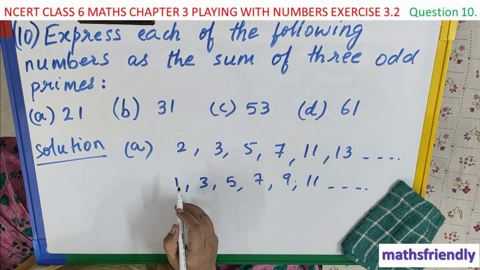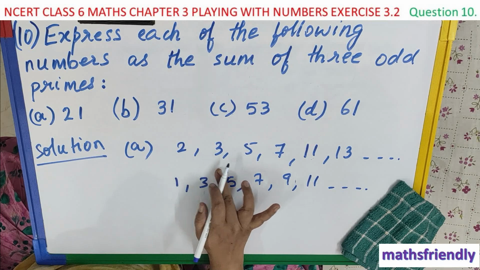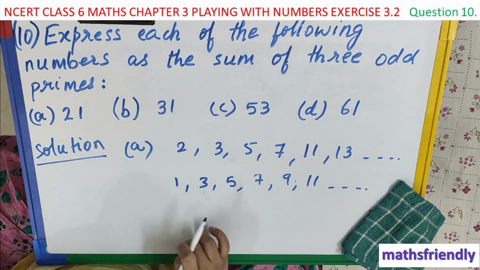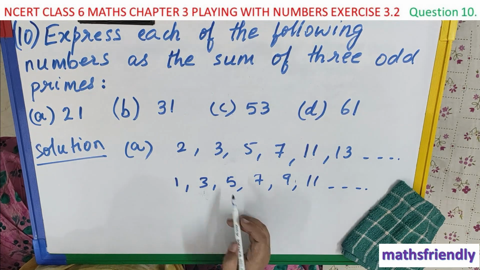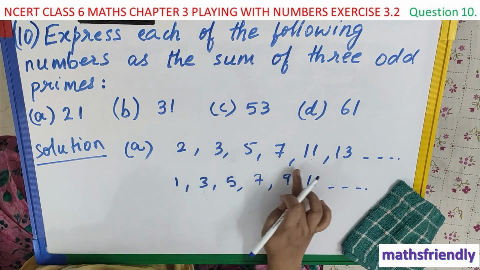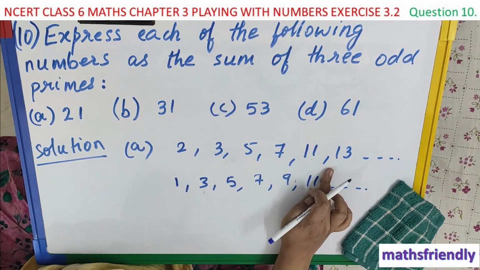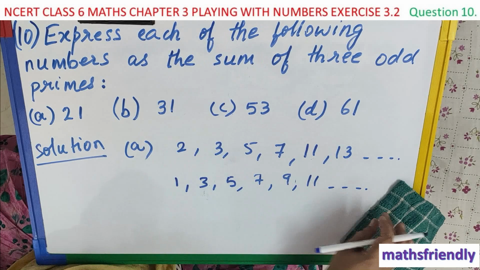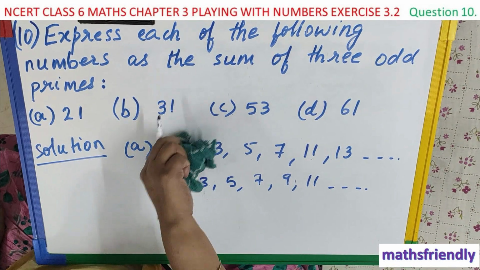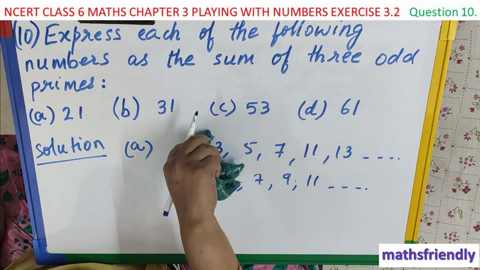All the prime numbers are odd numbers, except 2. If we remove 2 from the list of prime numbers, what do we get?